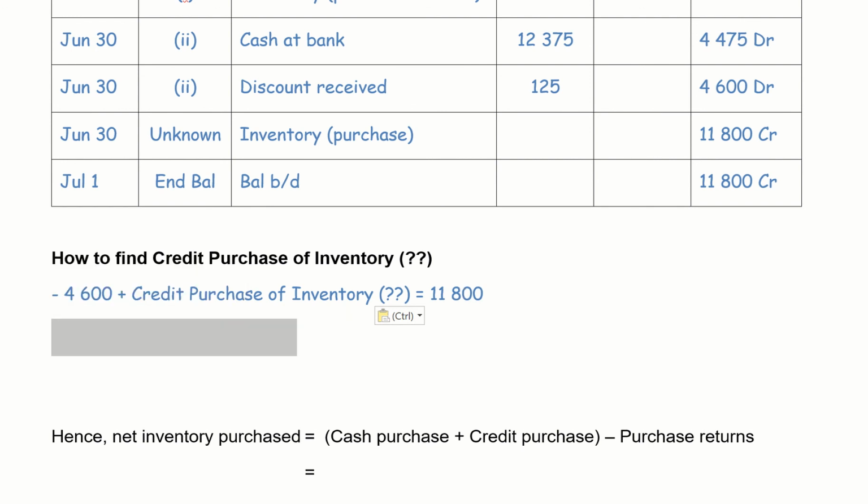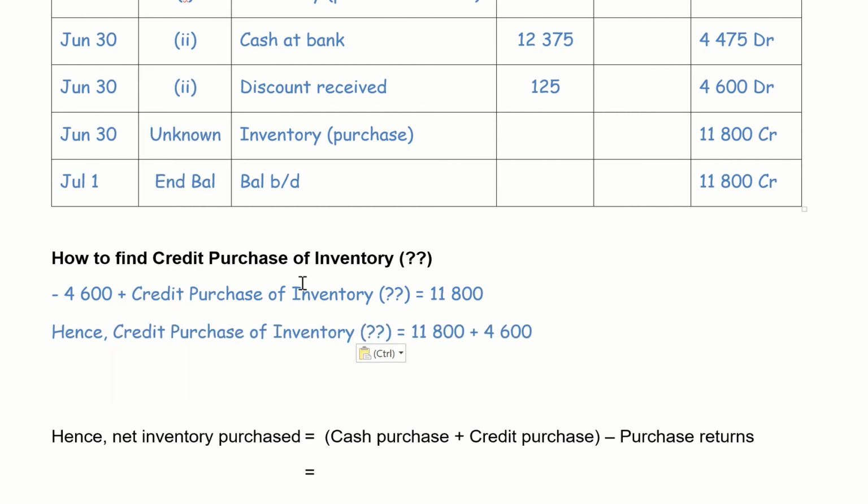Again, I'm going to shift around some numbers so that I can find out the unknown easily. And I found out that my credit purchase of inventory is going to be equal to 16,400.